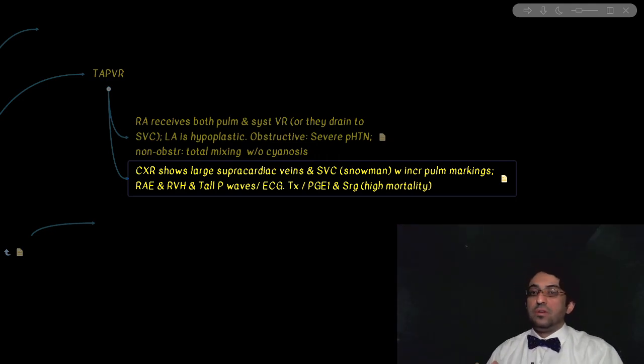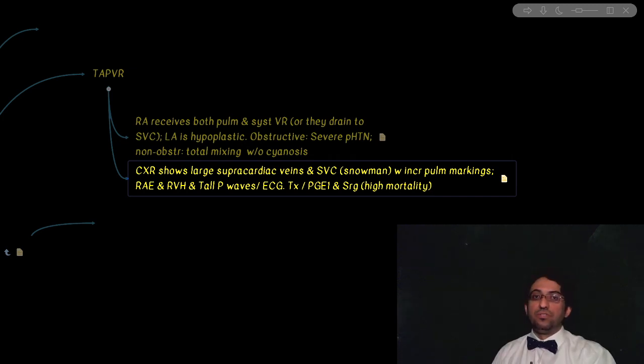As I mentioned, the survival depends on a form of right to left shunt such as PDA or ASD, and that is why treatment begins with maintaining the patency of PDA by administration of PGE1, and then this high mortality surgical corrective procedures if plausible.